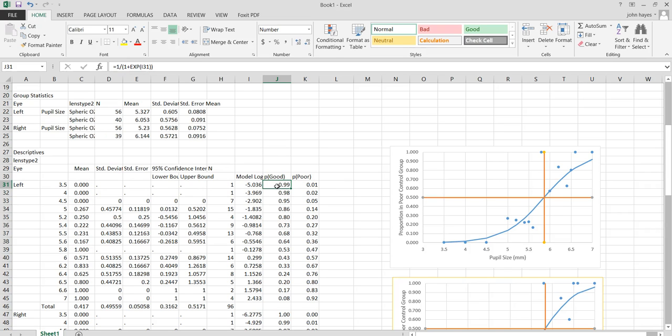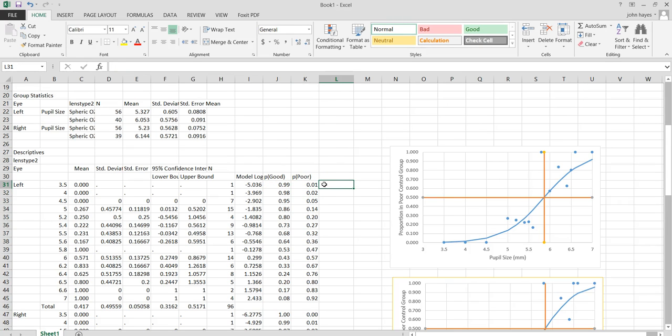So in fact, the SPSS program reversed the 0 and 1. And so it's giving us the probability of good. Well, in order to get the probability of poor fit, we just subtract this value from 1. And so it's 1 minus that. So we're getting that value there.